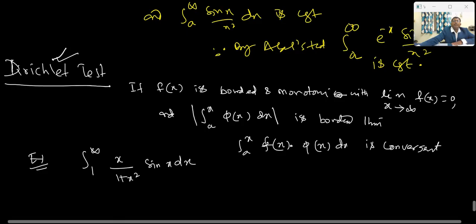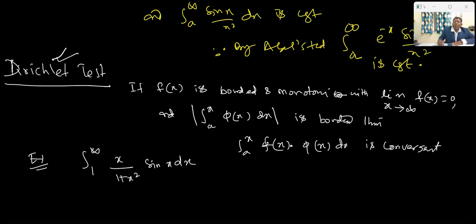What is that Dirichlet test? It again deals with a product function. If you are given a product function f x and phi x, we have to see this function f. This function f is bounded and monotonic, and its limiting value is 0.